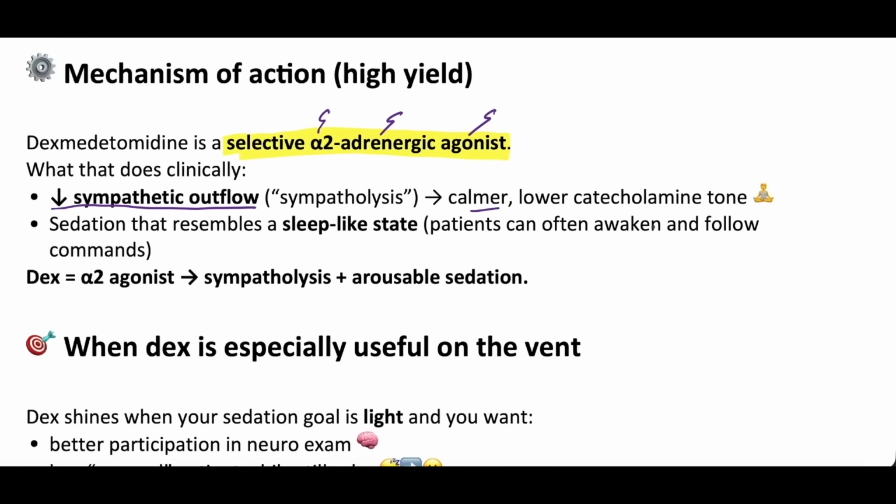That makes patients calmer, lower catecholamine tone. It resembles kind of a sleepy-ish state. They can often awake and follow commands, all that kind of stuff. So from a summary standpoint, dexmedetomidine mechanistically is an alpha-2 agonist that works centrally, and it causes sympatholysis or decreased sympathetic outflow, which leads to this kind of arousable state of sedation.